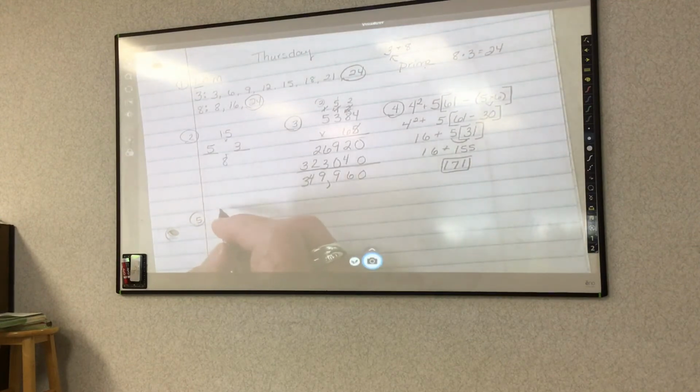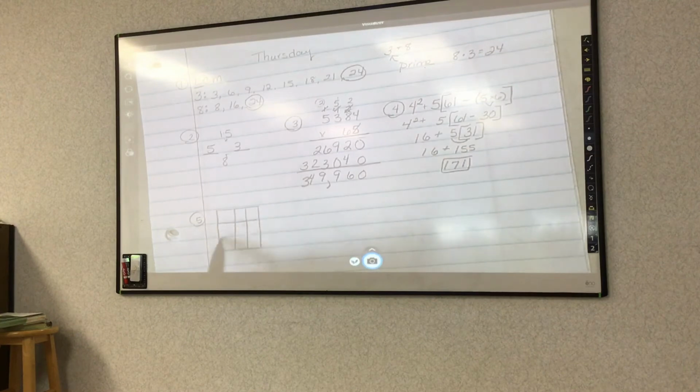Number 5 was a hard one, I thought. You've got these empty squares, and it's like what's called a Sudoku puzzle. You only have the numbers 2 through 10, and each row has to add up to 18, and each column going down also adds to 18.